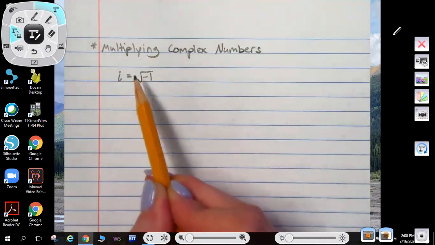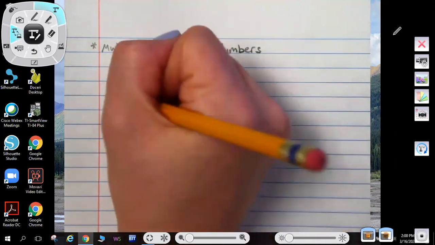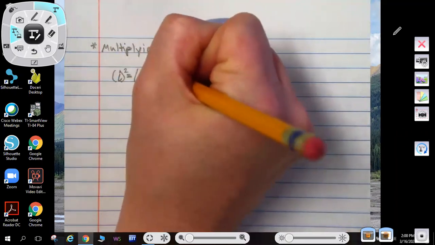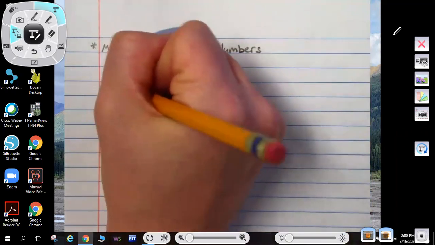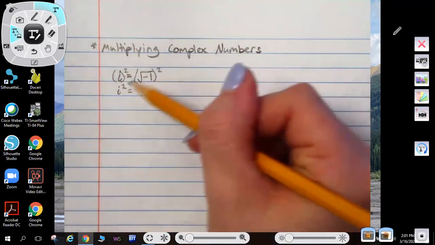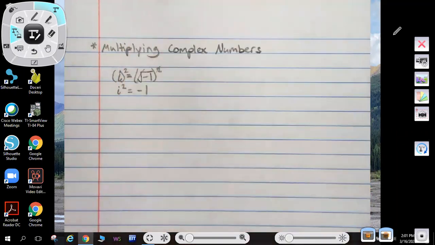It's because i represents the square root of -1. If we were to square both sides, we would get i squared equals, and when you square a square root, those cancel out and you're just left with whatever's underneath the root, which in this case is -1. So we get that i squared equals -1. And we're going to need to use that as we're working this next example.